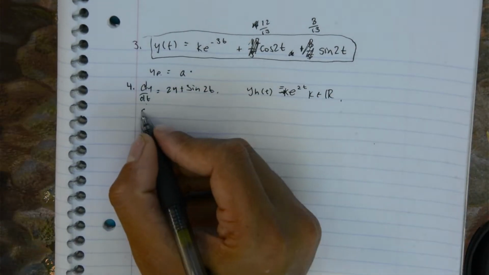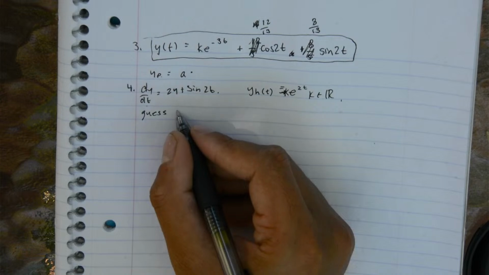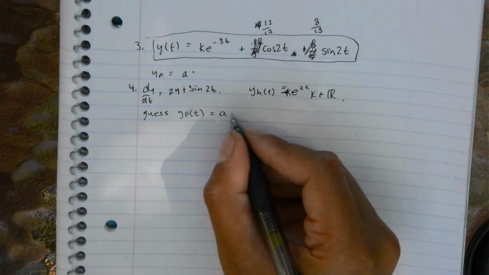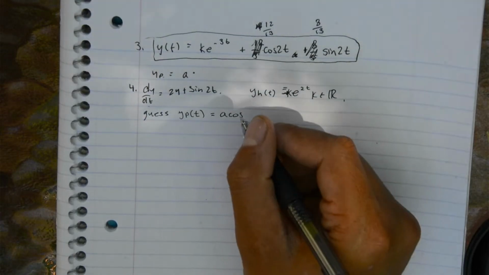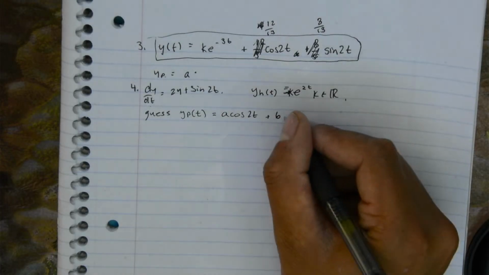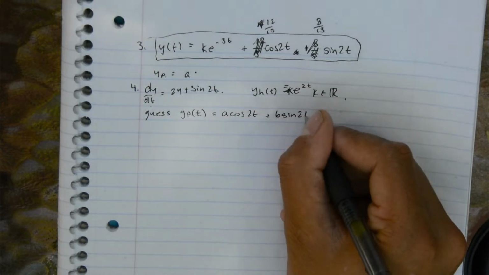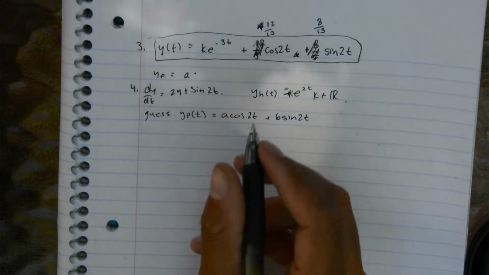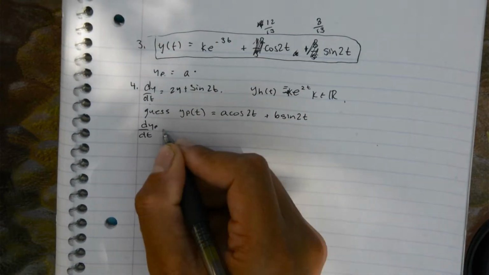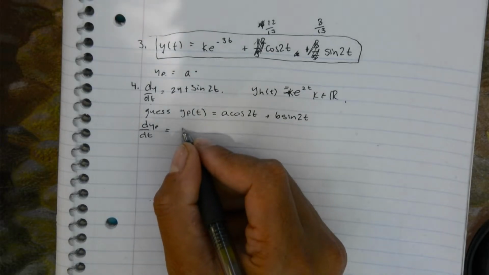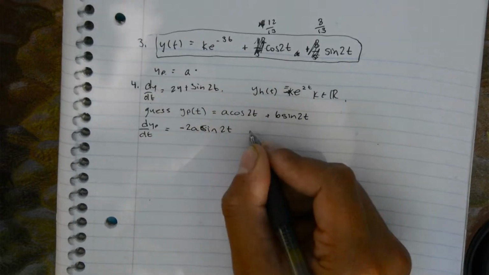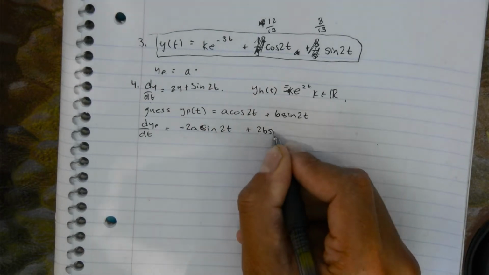Now, we're going to guess that the particular solution is equal to a cos 2t plus b sine 2t. And so then we're going to get for dyp/dt is equal to minus 2a sine 2t plus 2b cos 2t.